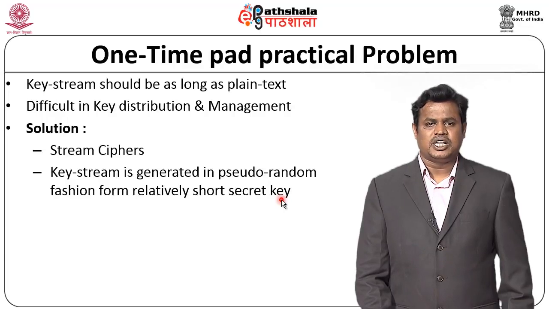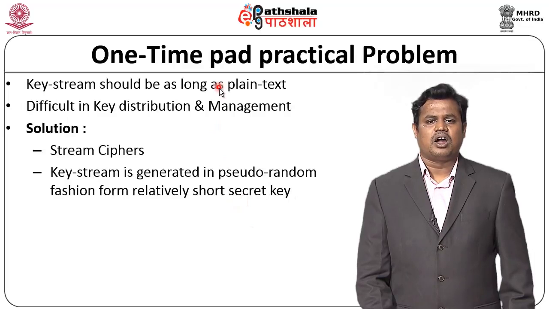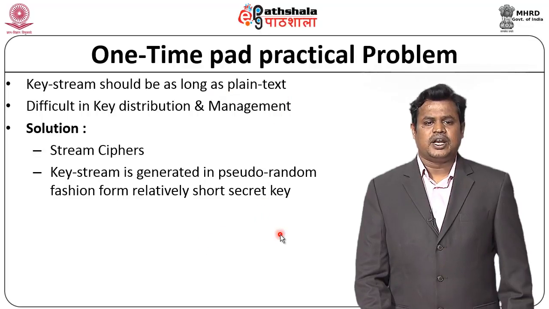That is what we discussed with respect to the stream cipher, where I choose a key and then, with the help of a pseudo random generator, the key is a short secret as compared with a long plain text. So, there is no problem in distribution and management of the key as we face in the case of the Vernam one time pad.